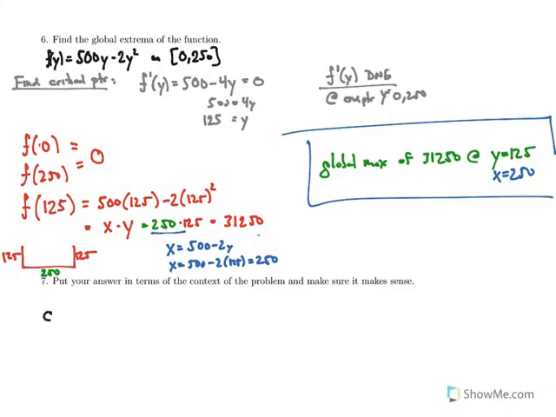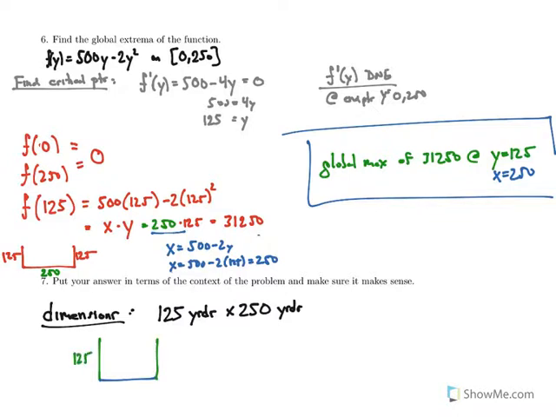So the dimensions for the greatest field are going to be 125 yards by 250 yards. We have a field that's going to look like this. 125 yards by 250. And we don't even ask for what is the biggest area, just what are the dimensions of the area that'll work.